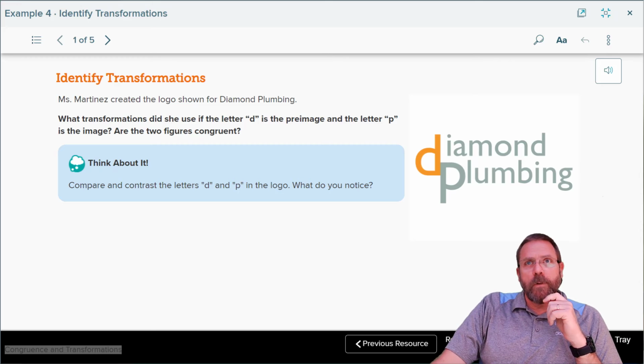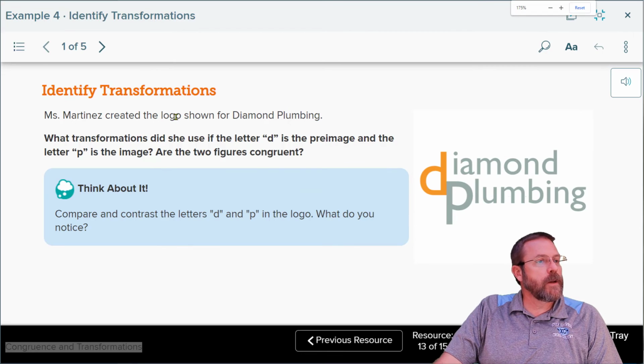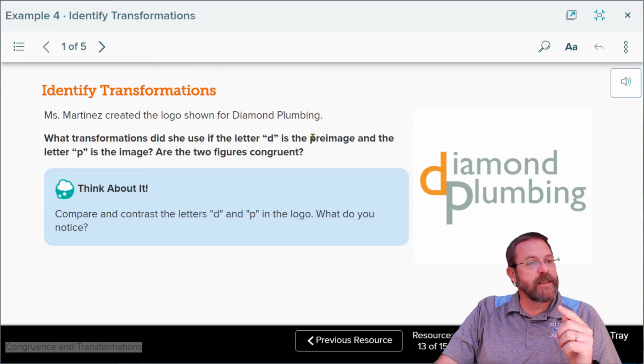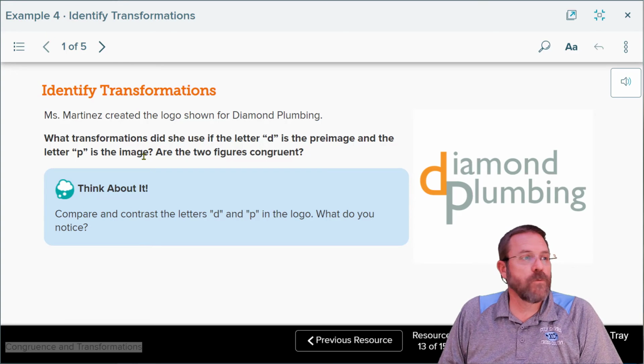We are down to our last pair of problems. Example number 4, Ms. Martin created a logo shown for Diamond Plumbing. What transformations did she use if the letter D is the pre-image and the letter P is the image? Are the two figures going to be congruent?